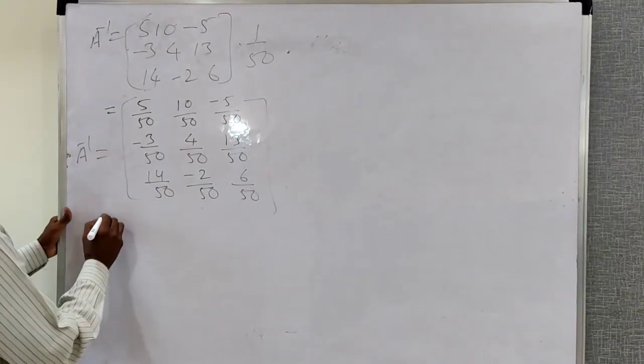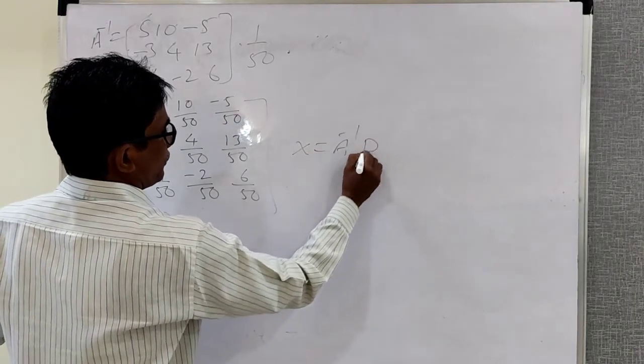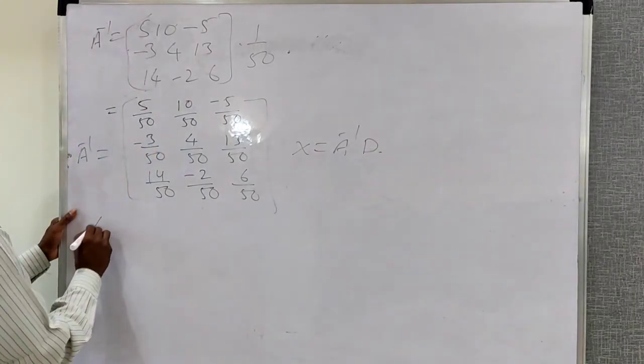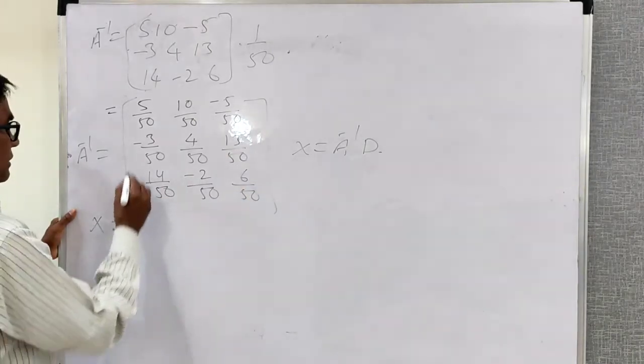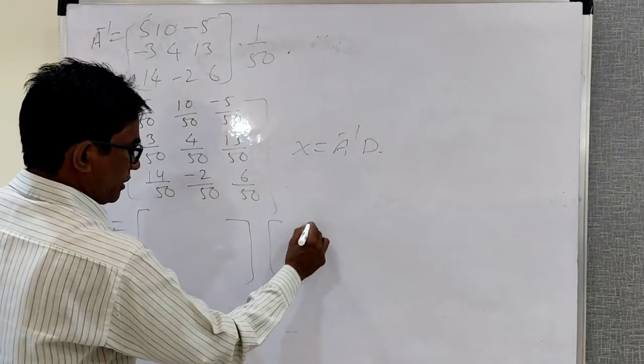Now x is equal to what? X is equal to A inverse into D. That is, x is equal to A inverse into D means this matrix into D matrix.